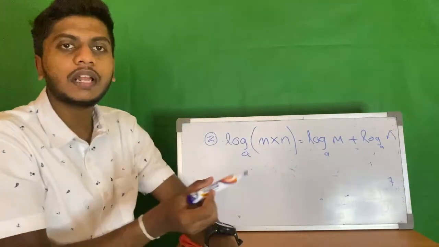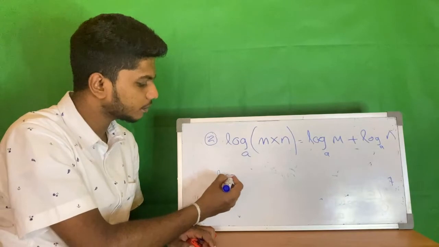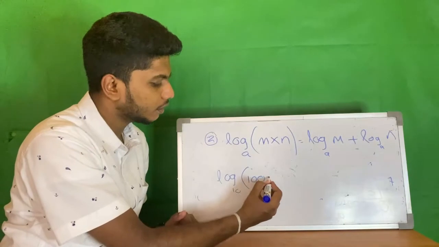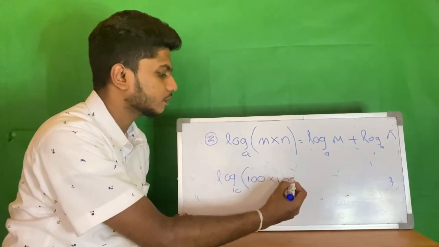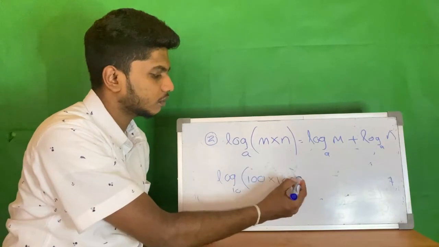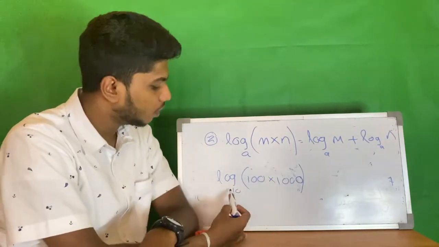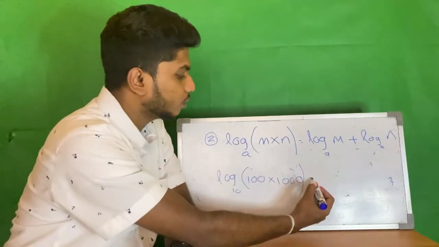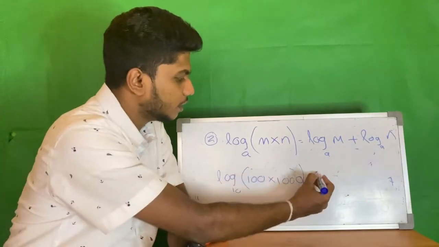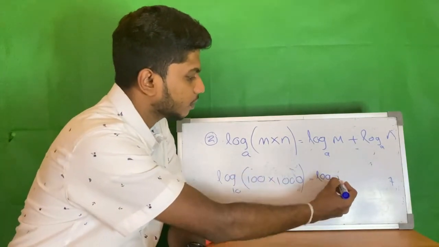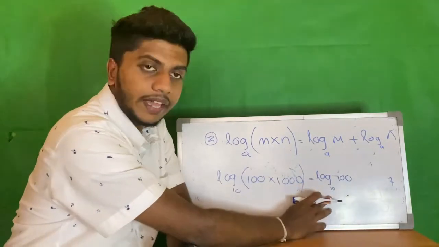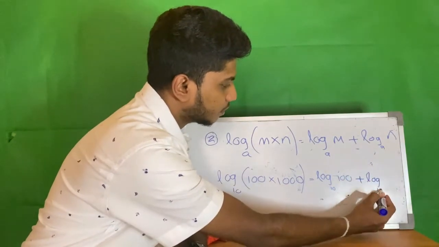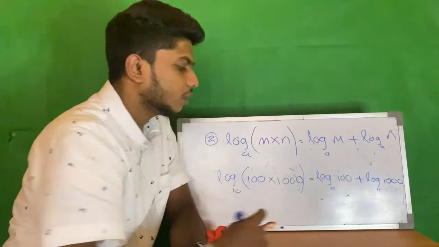So a very simple example, log base 10 of 100 into 1000. Same base. So what we can do is separate these two, like this: log base 10 of 100 plus log base 10 of 1000. So what comes here?